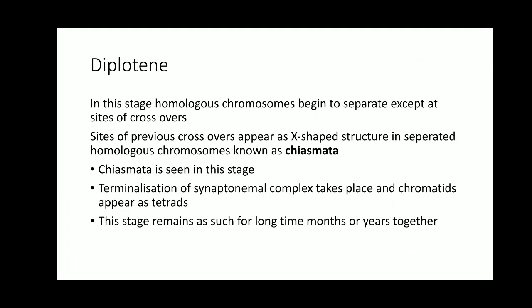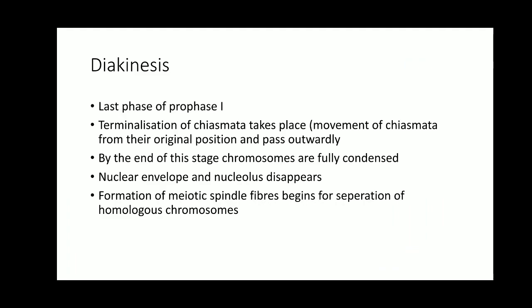The cells that are undergoing meiosis get arrested in this stage, in the majority of the cells, for many years and months. For example, in the case of oocytes, the female reproductive organs produce oocytes, and these oocytes undergo oogenesis through the meiosis process, and this immature ovum or egg which is involved in reproduction is arrested in this stage for many months or years together.